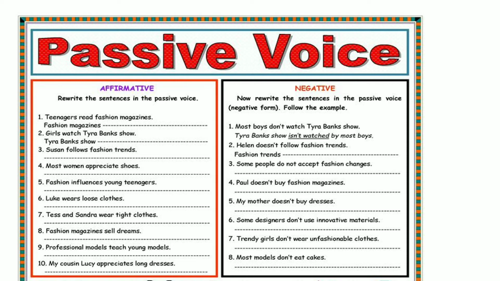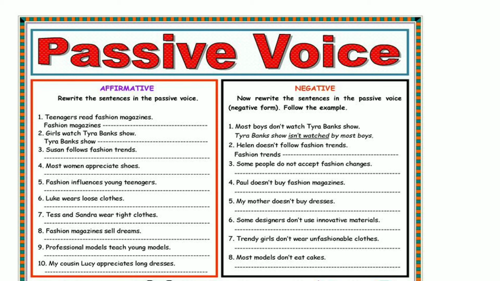Because it is a negative sentence, because there is don't, and Tyra Banks show is only one show, we use is. And because it is negative, we use not: isn't. So it becomes: Tyra Banks show isn't watched, we change it into past participle using ed, and then by most boys as the subject.